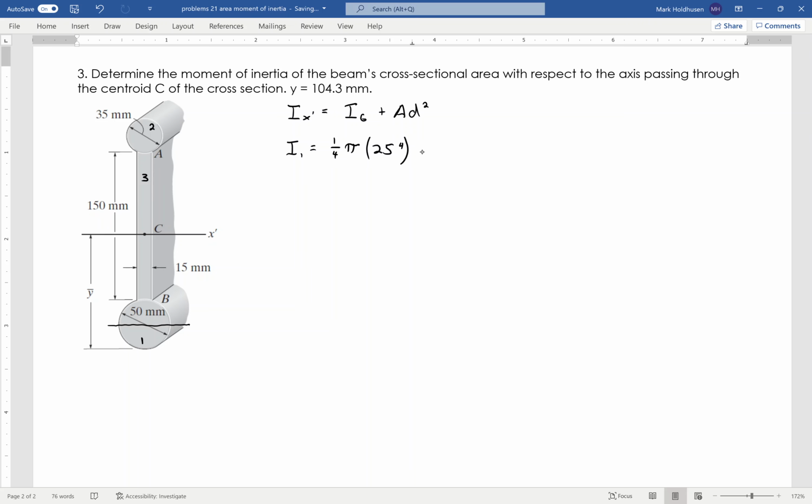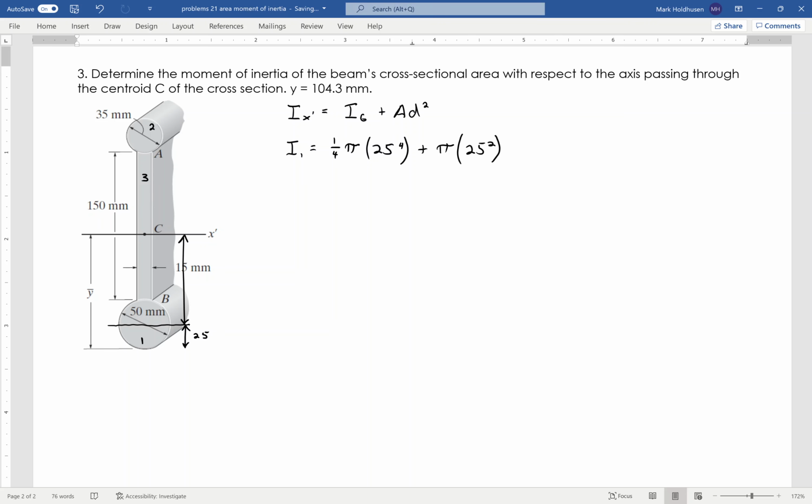Then I'm going to add the area of this, which is pi r squared, which is pi times 25 squared, times the distance between the axis that goes through the center of the circle and the x prime axis, which is right there. Now this distance right here is 25, the radius of the circle.